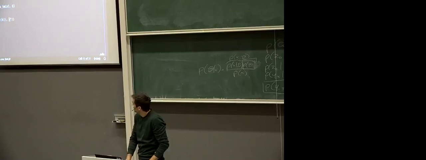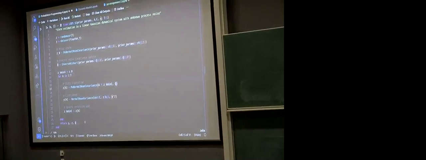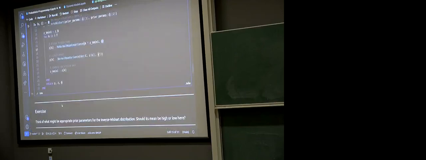Q is distributed as an inverse Wishart distribution with these two prior parameters. Q is still just part of it here. And then the model knows, so I've called this linear Gaussian dynamical system Q, and the model knows that, okay, so Q is an unknown variable, all of the states are unknown variables, and I'm going to try to infer them simultaneously.